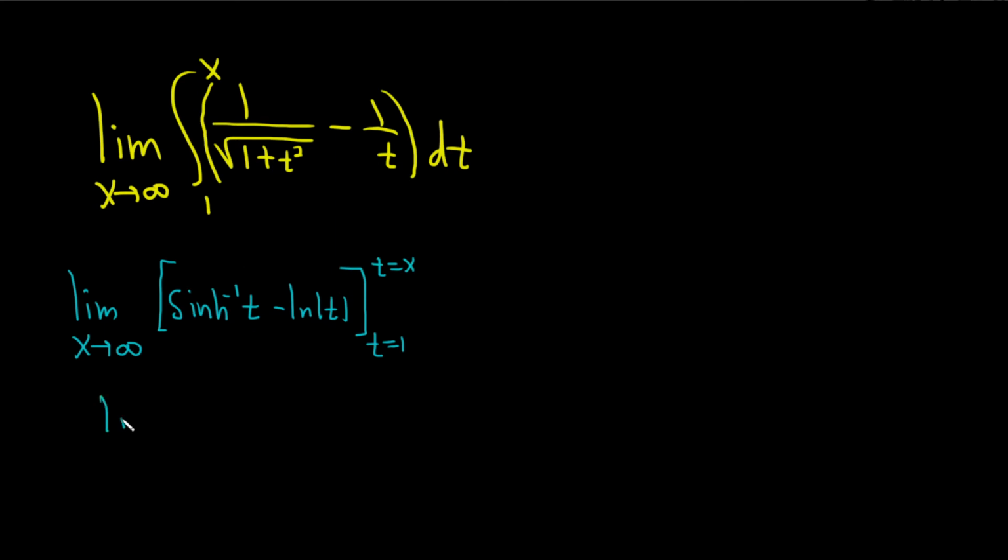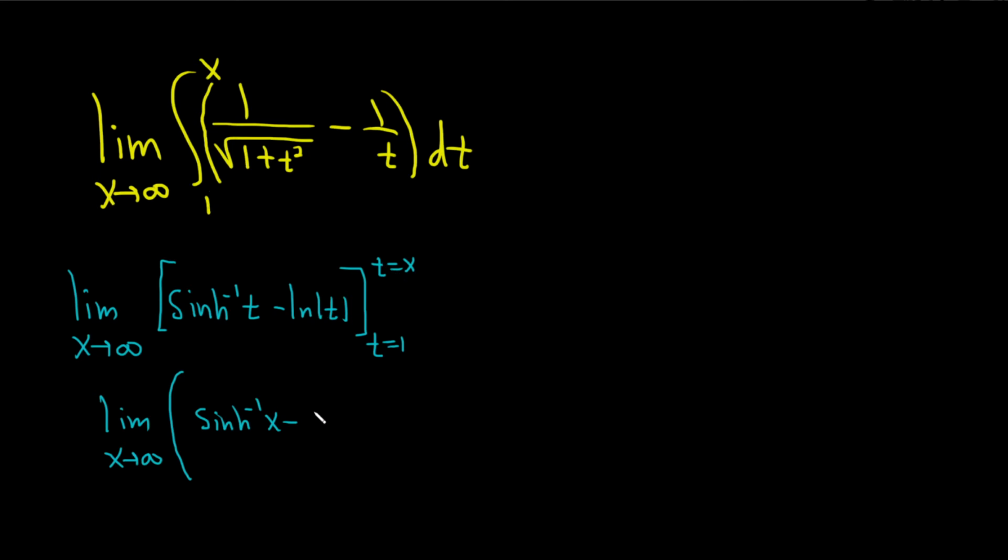So this is the limit as x approaches infinity. Parentheses here. So first we're plugging in x. So this will be inverse hyperbolic sine of x minus, by the way, x here is positive, right? Because we're going from 1 to x and x is approaching infinity.